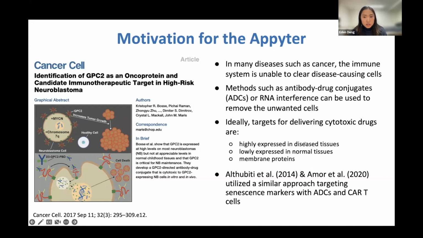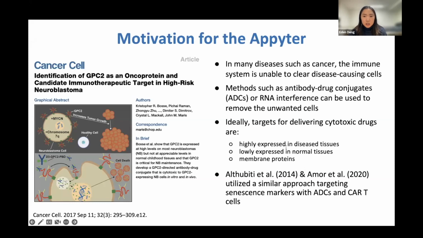They also prioritized cell surface proteins, which in general are more ideal candidates for immunotherapy. Using this approach, they were able to identify a candidate protein, which they targeted with an ADC. This allowed them to safely and effectively deliver cytotoxic drugs that eliminated neuroblastoma cells both in vitro and in vivo.